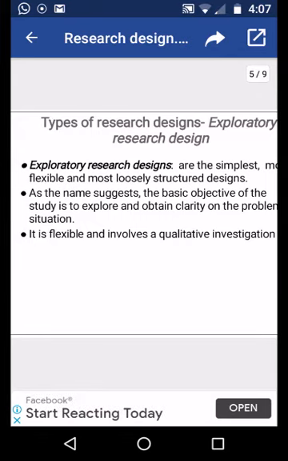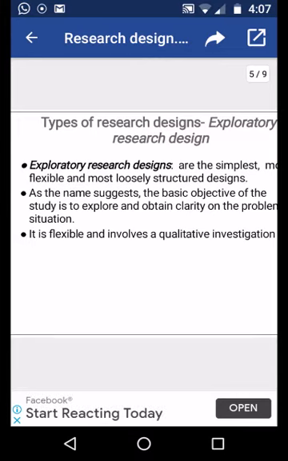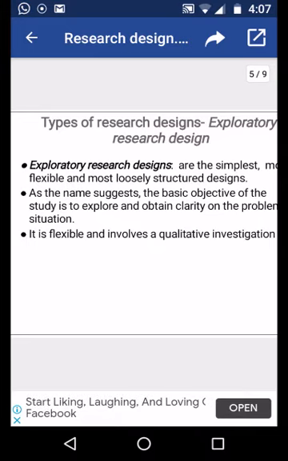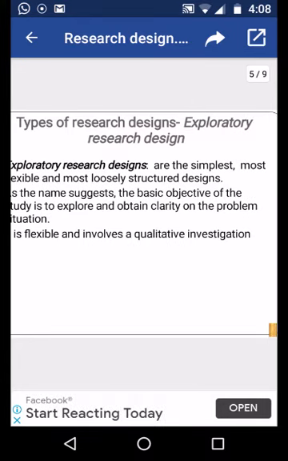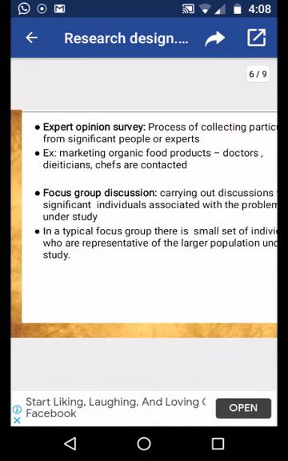For example, our ancestors, famous scientists like Galileo, Edison, etc., found out so many things. They did not have a proper method or structure. They used trial and error methods and then identified or explored a product. So while exploring, you may not have a very systematic research design.